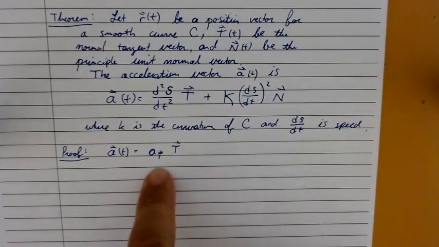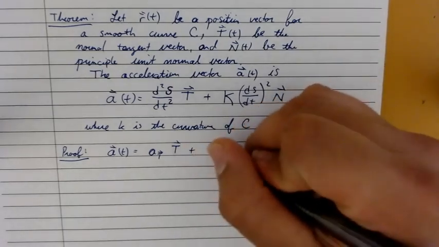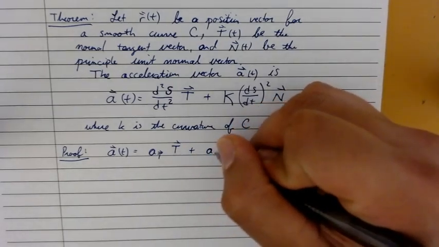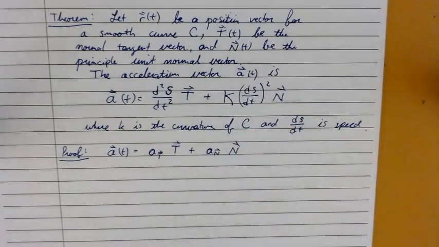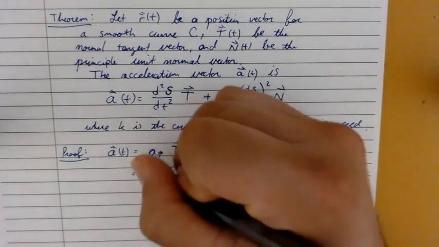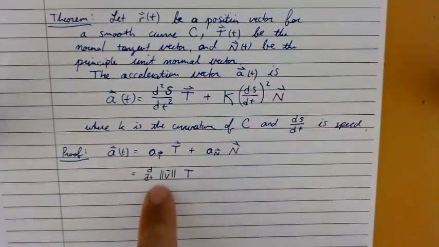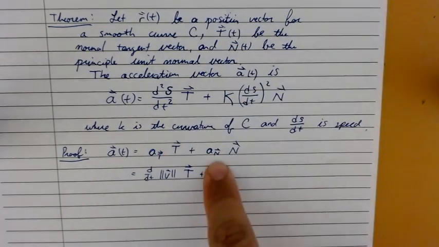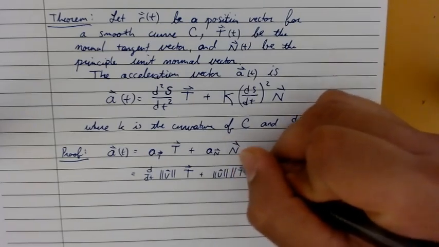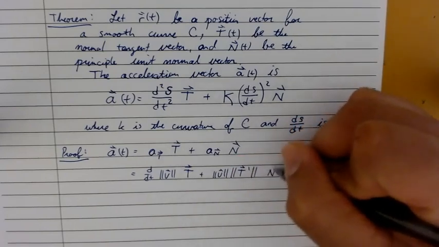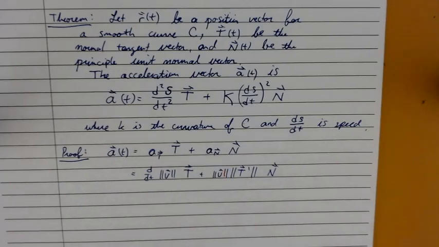So here that's the tangential component of acceleration times the unit tangent vector plus the normal component of acceleration times the principal unit normal vector, which we saw was the derivative with respect to t of velocity, that was the tangential component of acceleration, plus the magnitude of v times the magnitude of T prime times N, which was the normal component of acceleration.